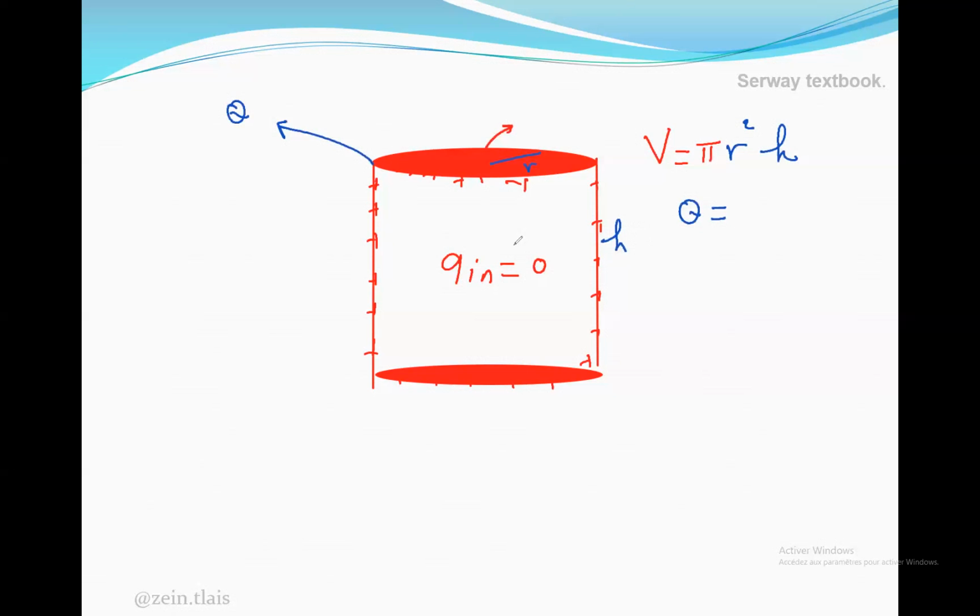We don't have volume charge because we don't have a charge inside. So we have to write sigma times A. And you can write the area of this object, which is equal to the perimeter of this disk times the height, equal to 2 pi r times h.